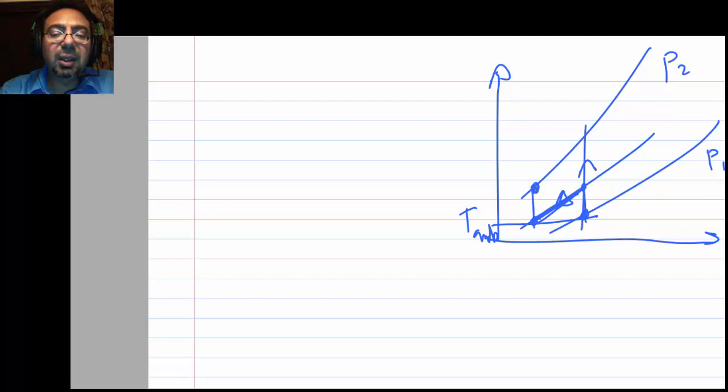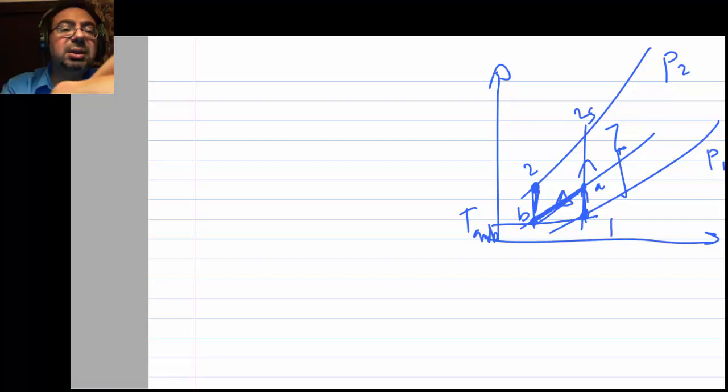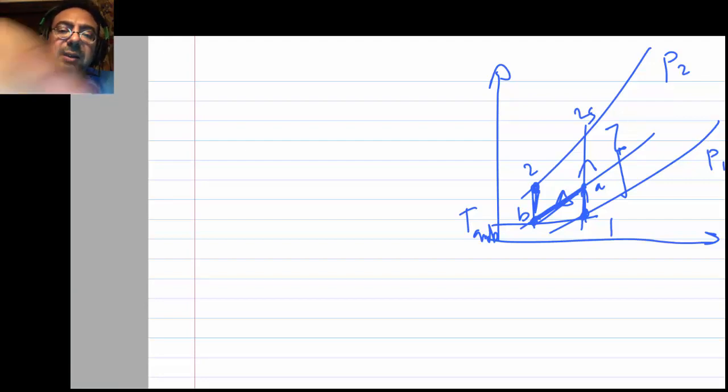And so once you are here, you go up again. So believe it or not, this 1 to A to B to 2, these 2 steps require less work than going from here to here. So what I'm saying is that 2 isentropic works and a constant pressure heat rejection, this cooling, we are assuming is constant pressure heat rejection. Of course there is pressure drop in the pipe that you are sending the flow through. It's an intercooler, but the point is that work.